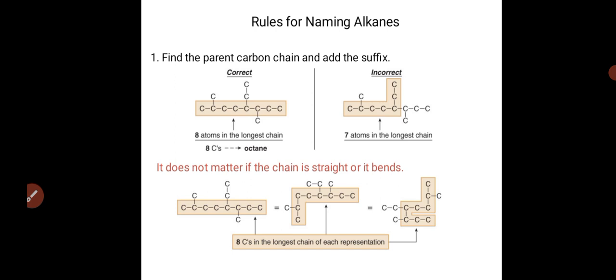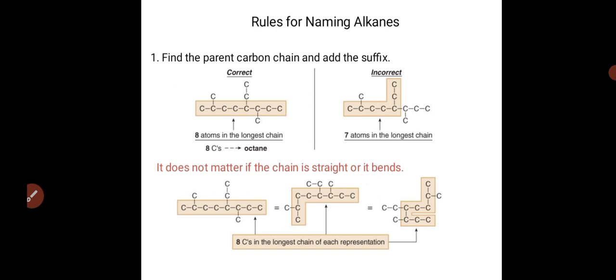In the first one we have 8 carbon atoms, so we name it octane. While the second one, if you count it in the bent direction, we have 7 longest chain. So between 7 and 8, which one is the longest? The one with 8. So that is why it is correct, while the one with 7 is incorrect.